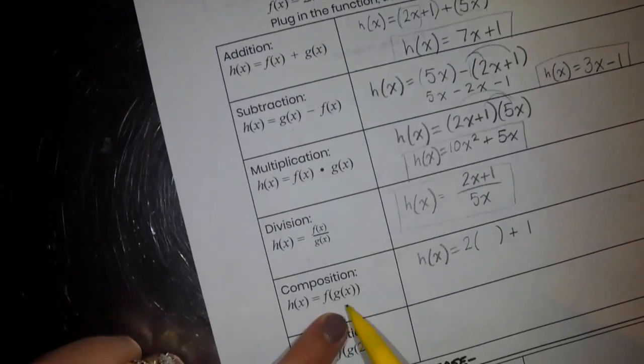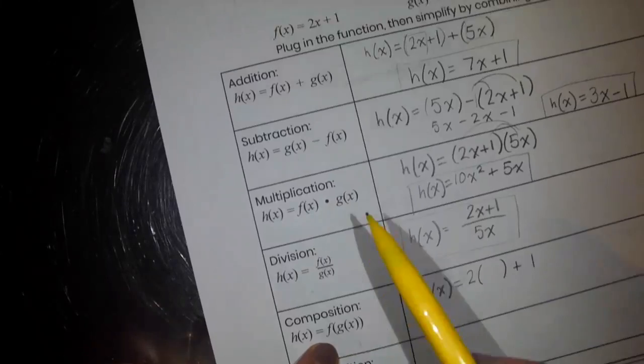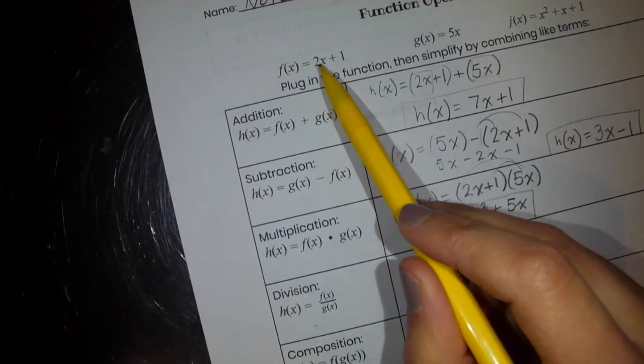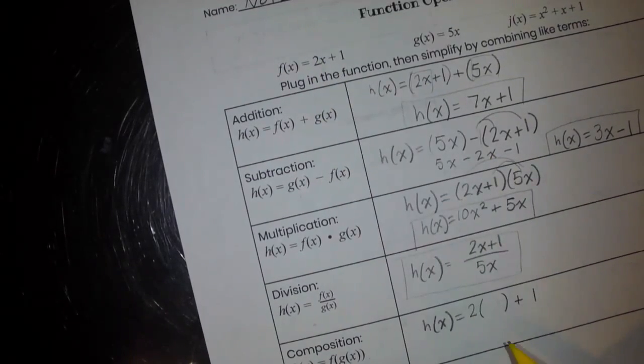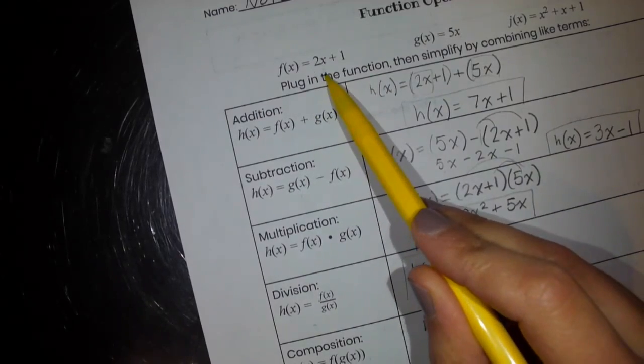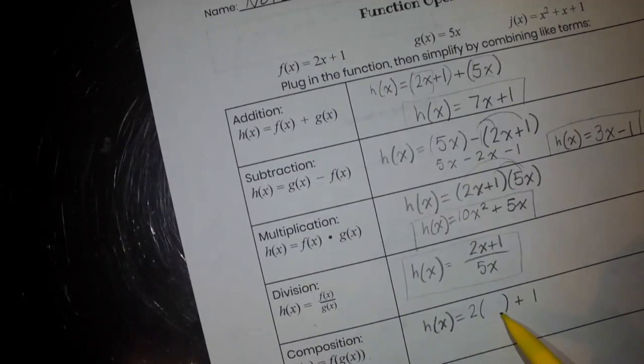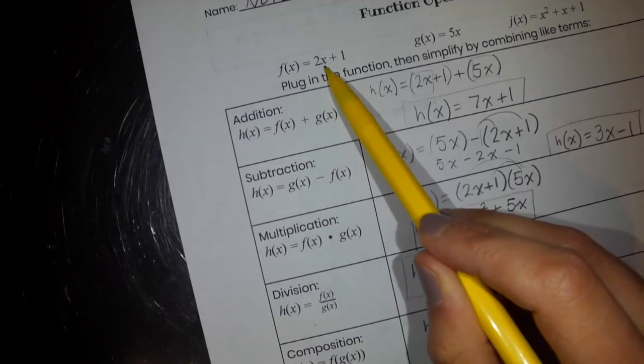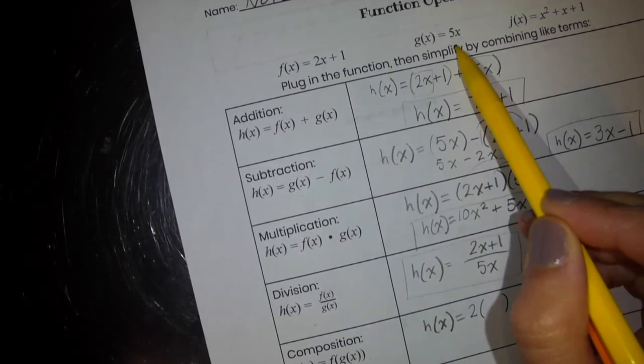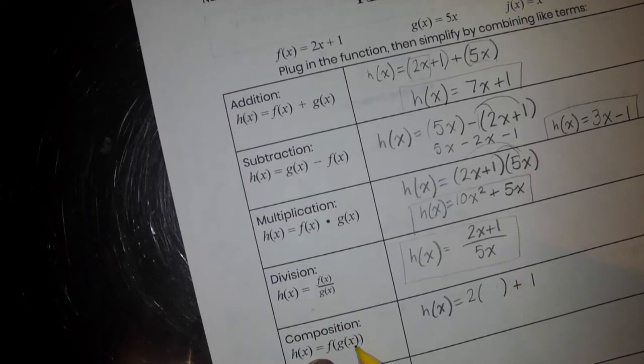Whatever is on the outside, I have f on the outside, so I look at my f function, and I left an open space wherever I saw x. This is 2x plus 1, so I have 2 blank plus 1. In place of this x, we're going to put this function, g of x, in for x.